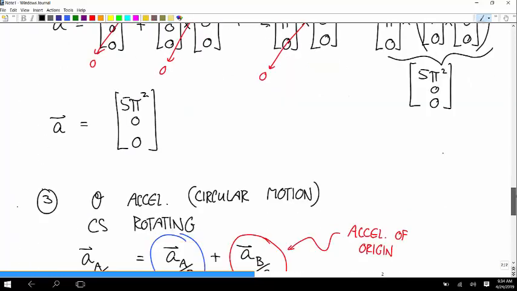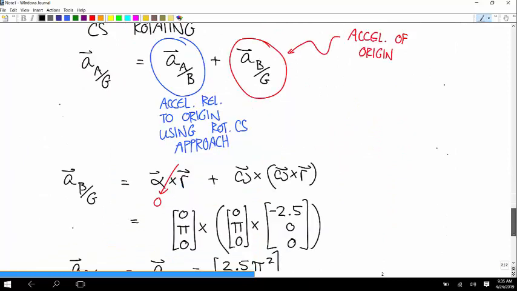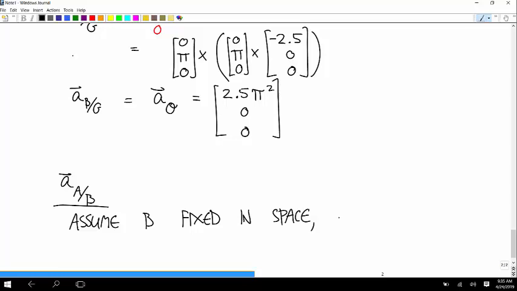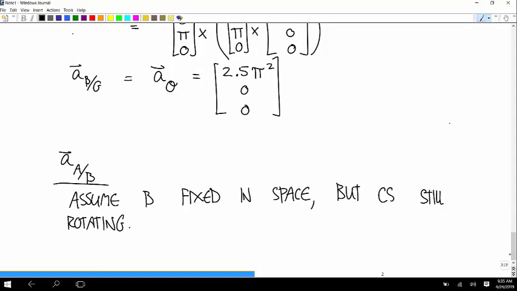And now we're going to calculate the acceleration of the astronaut relative to B. So now we're going to assume that that point B is fixed in space. The coordinate system is still rotating. Any questions about that?